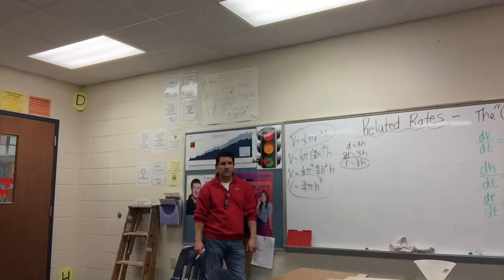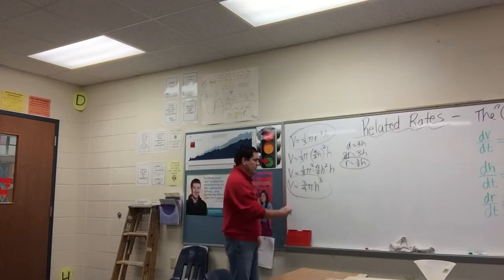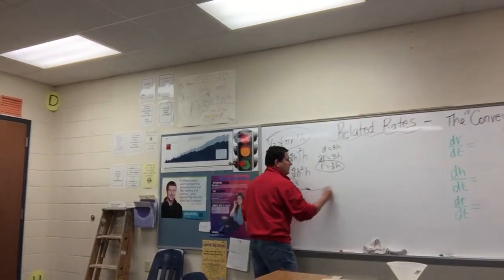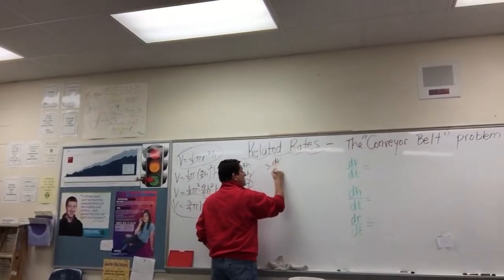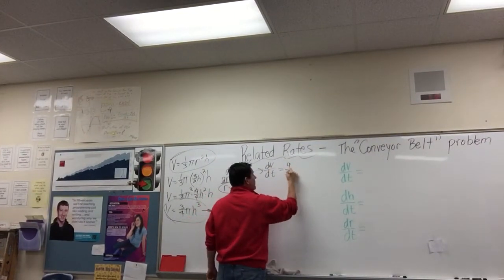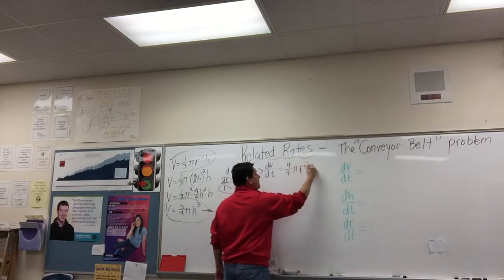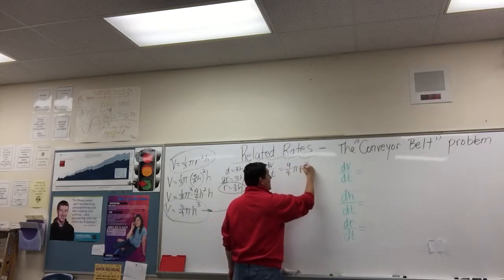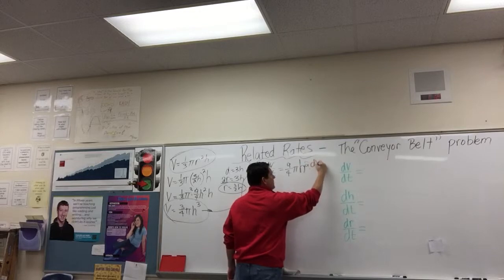See it? Now watch. When I find the derivative of this, dV dt is equal to 9/4 pi H squared dH dt.